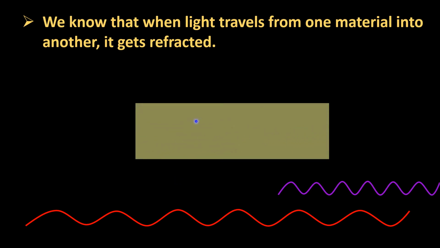This is the glass slab, and here a red color light is incident on the surface of the glass slab. This is called the incident light. In order to know the refracted ray, we have to draw the normal at the point of incidence.